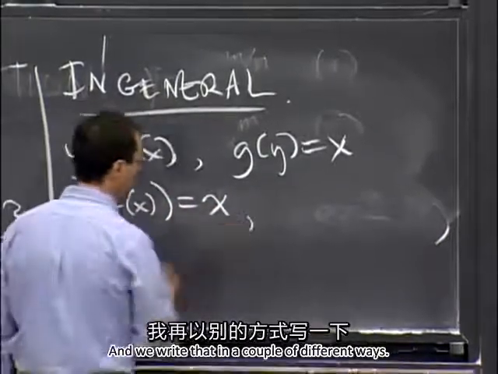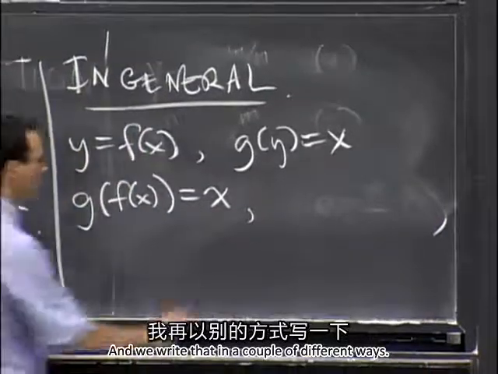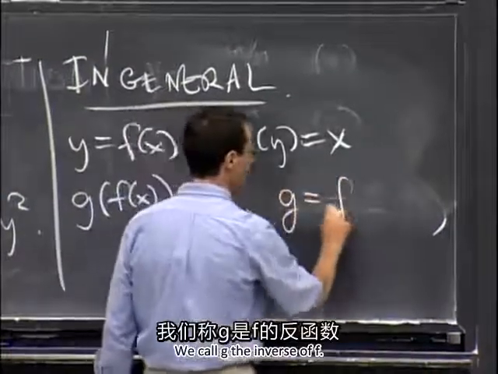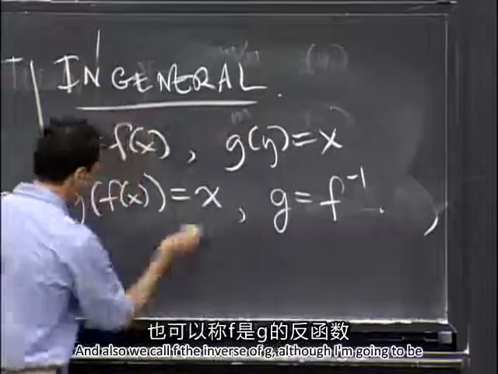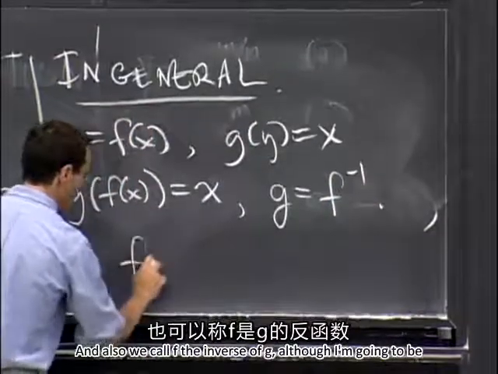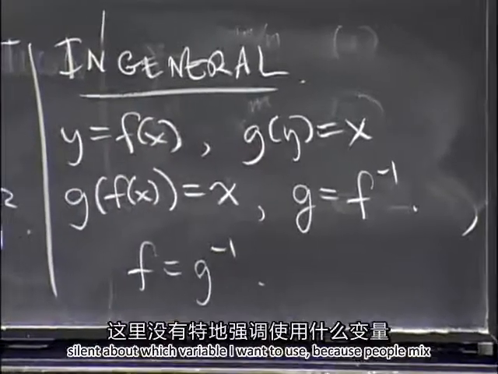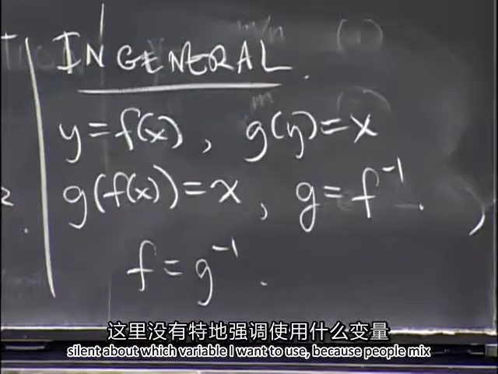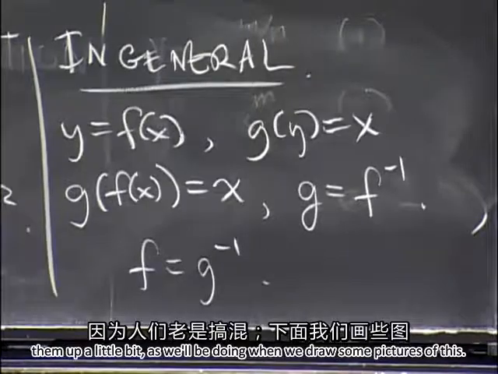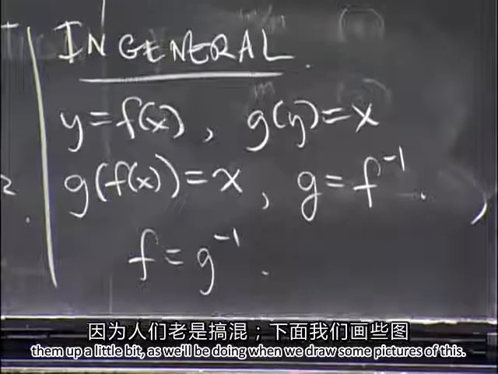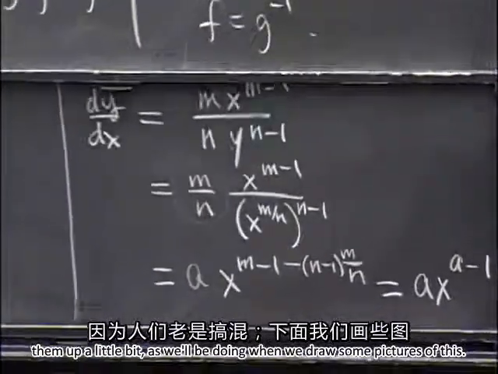And we write that in a couple of different ways. We call g the inverse of f, and also we call f the inverse of g. Although I'm going to be silent about which variable I want to use because people mix them up a little bit, as we'll be doing when we draw a few pictures of this.